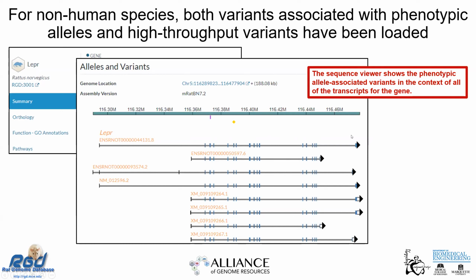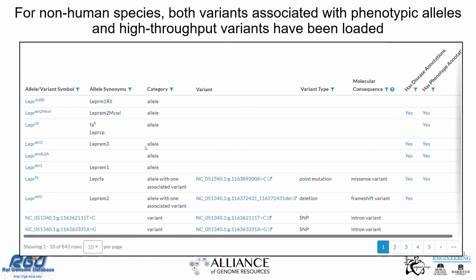There would be very few breaks. So at this point, only the allele associated variants are showing, but you can see that in the case of rat Lepr, there are 2 allele associated variants that have been curated and are showing on this display. And here you can see these are the 2 variants right here, the 2 variants that were shown above.